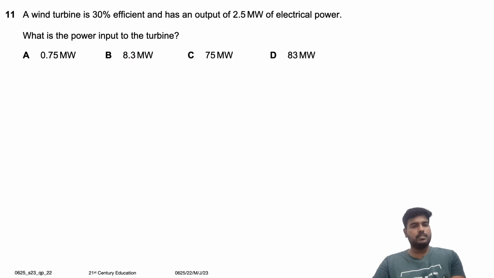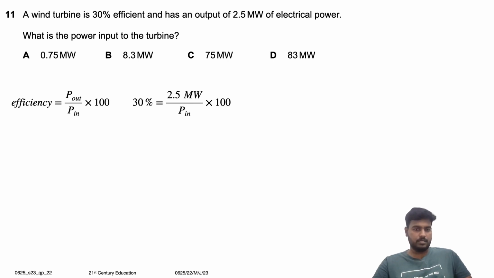A wind turbine is 30% efficient and has an output of 2.5 megawatt of electric power. Okay, that's 10 power 6. What is the power input of the turbine? What is efficiency? Efficiency is total useful power out divided by total power input multiplied by 100%. Now this is 30%.